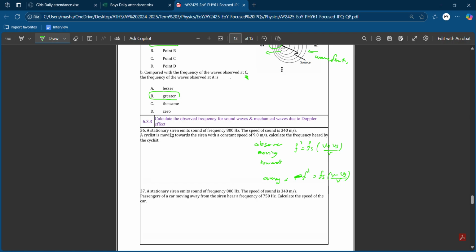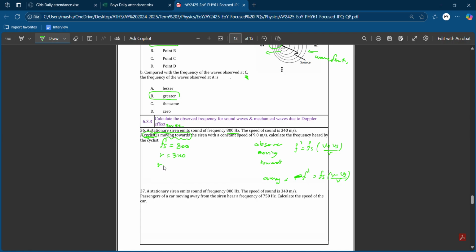A stationary siren means the source of the sound is stationary, it's fixed, it doesn't move, and emits a sound frequency of 800. So the frequency of the source is 800, and the speed of the sound is 340. A cyclist, which is the observer, is moving towards the siren, towards the source.